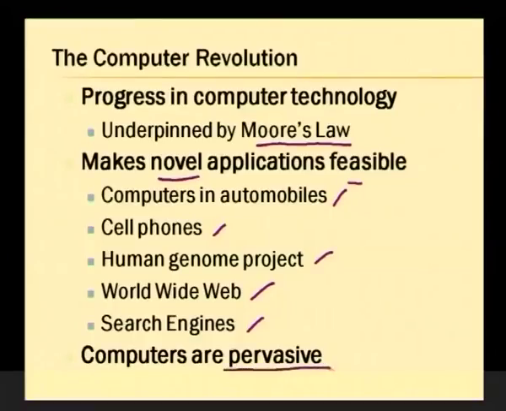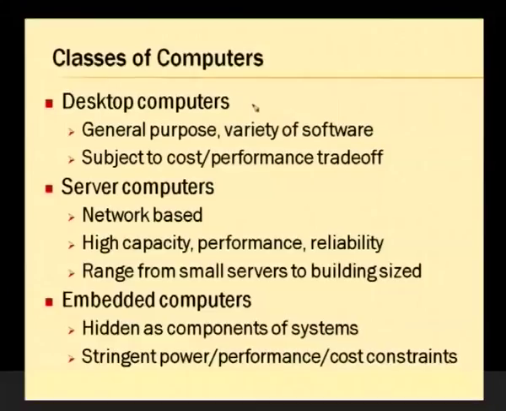So computers are pervasive today. Everywhere that we go, we are surrounded by computers. We are definitely dealing with computer devices everywhere, so we need to understand what goes into these computers. That's the basic idea of a course on computer architecture.